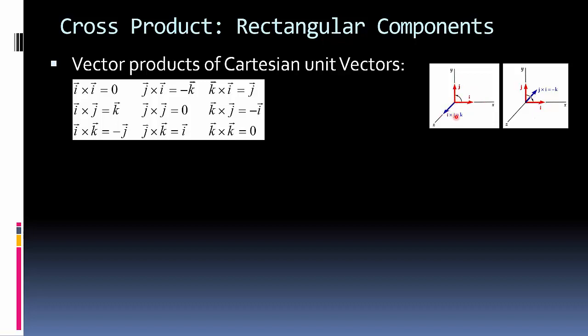So i cross j is positive k. Now i cross k: you put your hand in the i direction, and you close your hand towards the k direction. The only way you can do that is if your thumb is going to be in the negative j direction. So i cross k is equal to minus j, and so on.